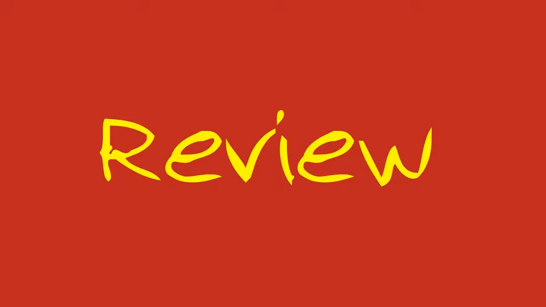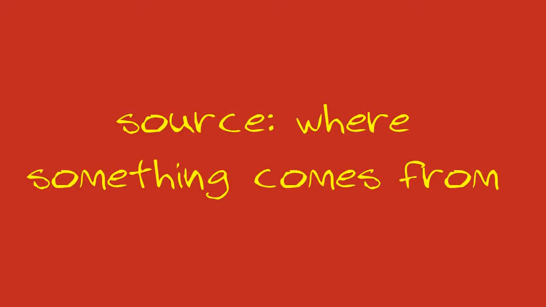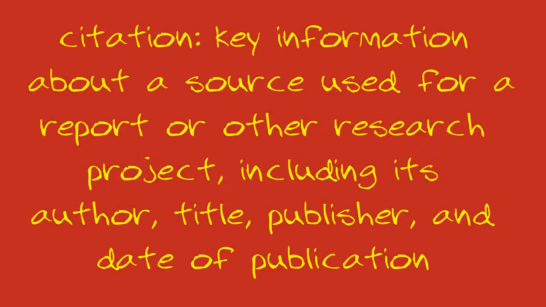Let's review. A source is where something comes from, for example, a piece of information. A citation is key information about a source used for a report or other research project, including its author, title, publisher, and date of publication.